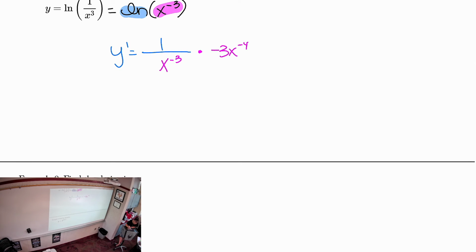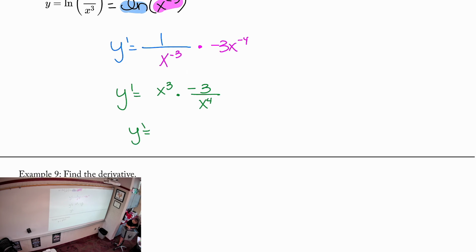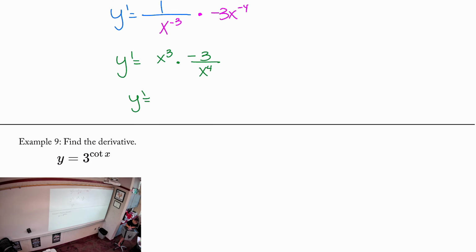Yes, you do have to simplify this. I would first start off, so you don't get confused, by changing these to positive exponents. And then it would be pretty straightforward to realize that you just get negative 3 over x.